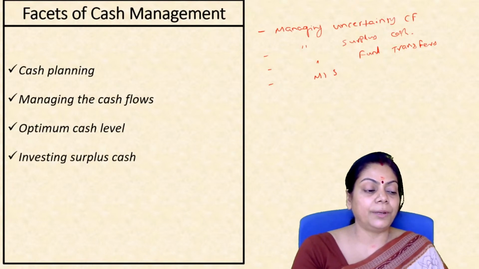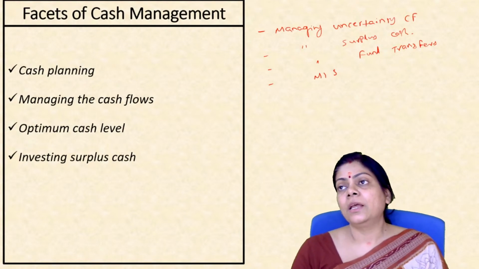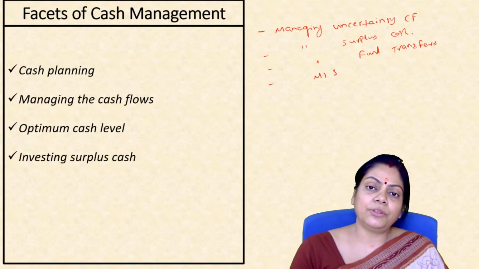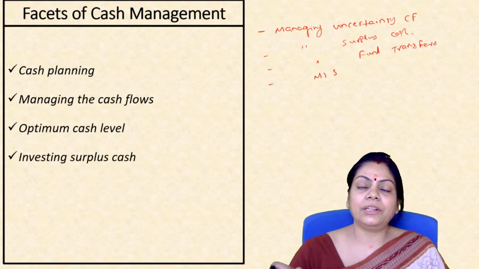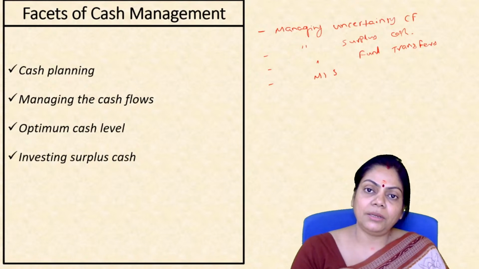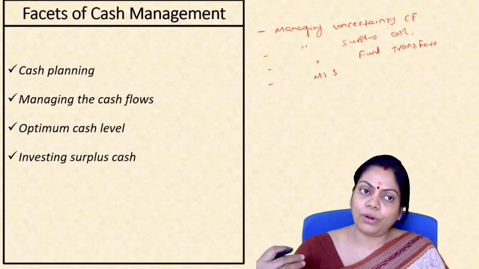Then we talk about the management of surplus cash. Now when you have surplus cash, for example, we are now in the month of April, and we see that in the month of May, I have a surplus cash of around 4 lakh rupees. My budgeting says that in May I'll have a surplus of 4 lakh rupees.